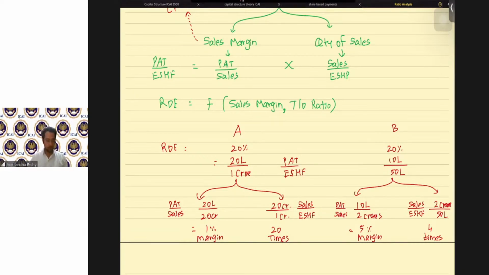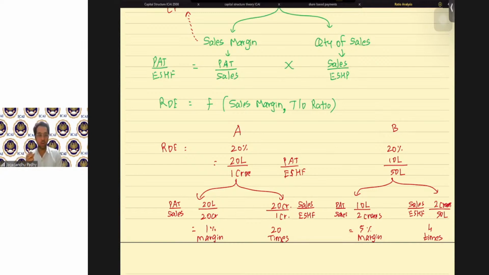So these are the two aspects that we have. 1% margin was with company A, whereas company B makes a margin of 5%.